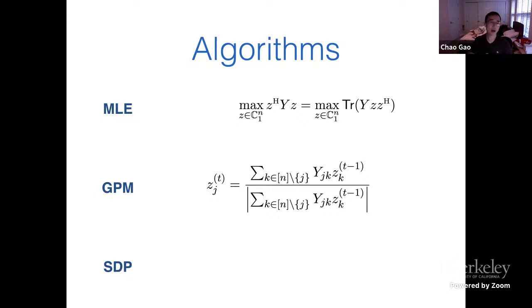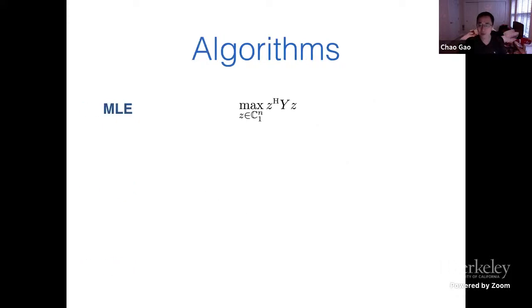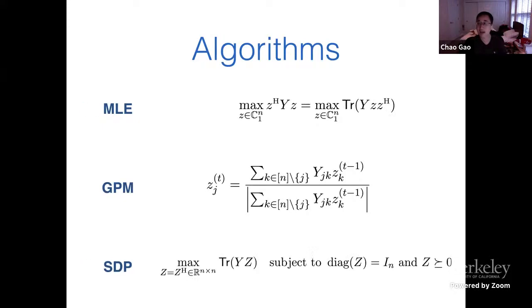So you want to regard this as an optimization over the matrix argument, ZZ transpose. And then what does the matrix ZZ transpose satisfy? Well, it satisfies two requirements. The first one is that all the diagonal entries are 1. And the second one is that ZZ transpose is PSD, right? And this gives you the two constraints that you have in the SDP. It is convex, so it can be solved efficiently.